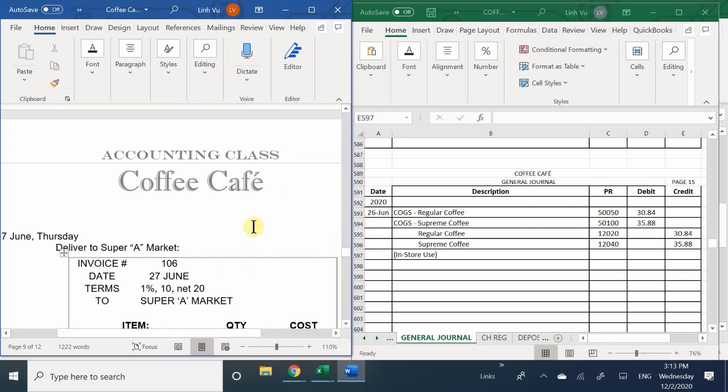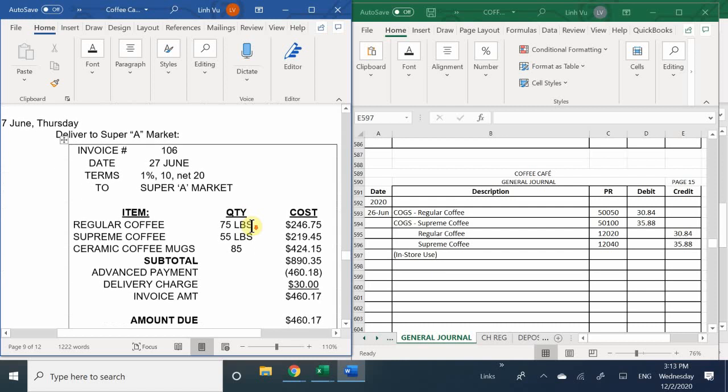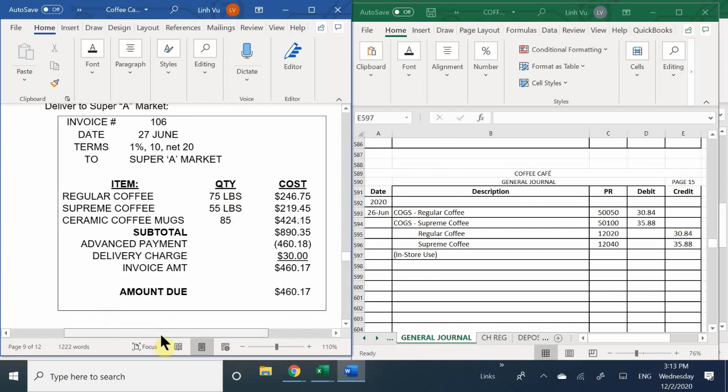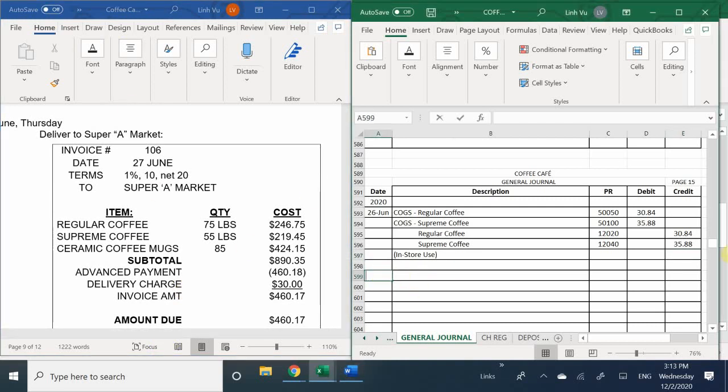All right. So here we delivered to Super A Market. Well, the date is now the 27th. Invoice number 106, date 27th, terms 1% 10, net 20, Super A Market.